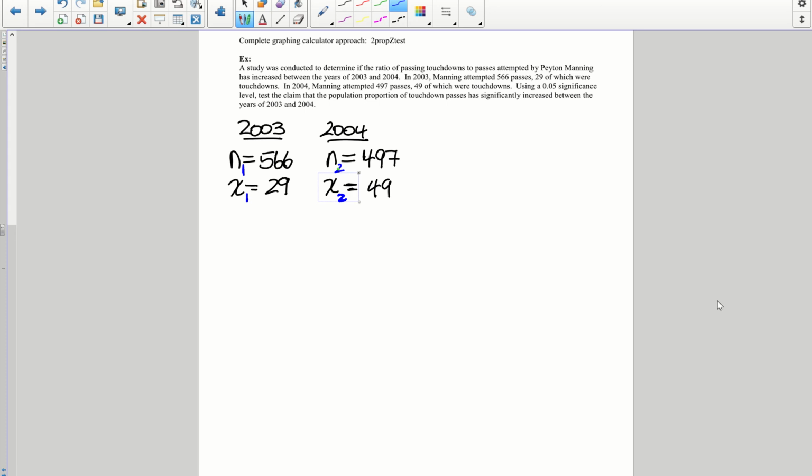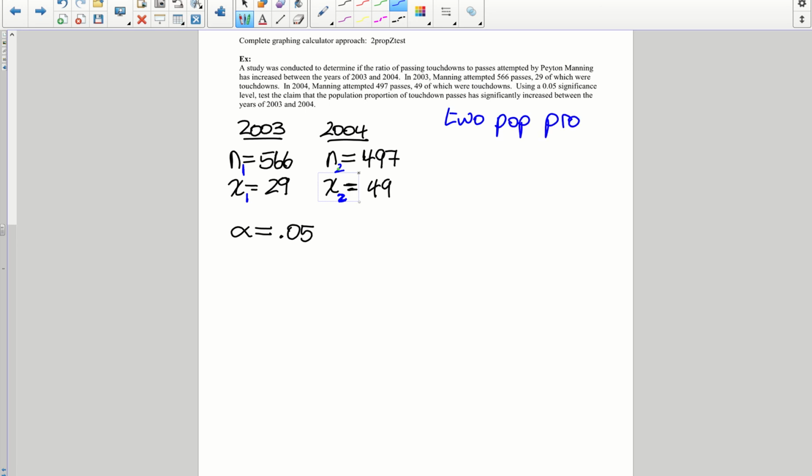We got a 0.05. Alpha's 0.05. It says, test the claim that the population proportion of touchdown passes has significantly increased between the years of 2003 and 2004. All right. So we have two population proportions. So I'll abbreviate a little bit.